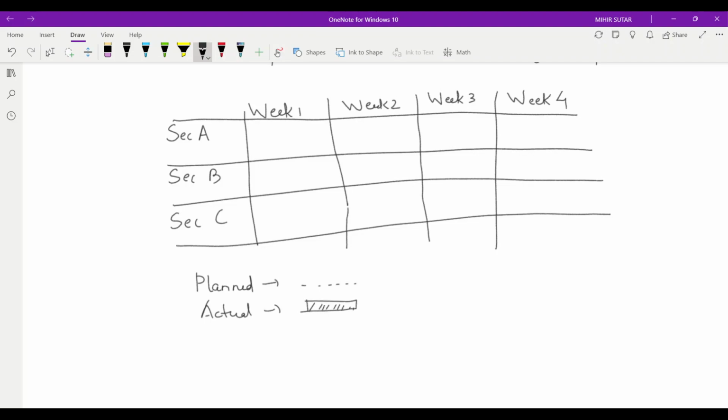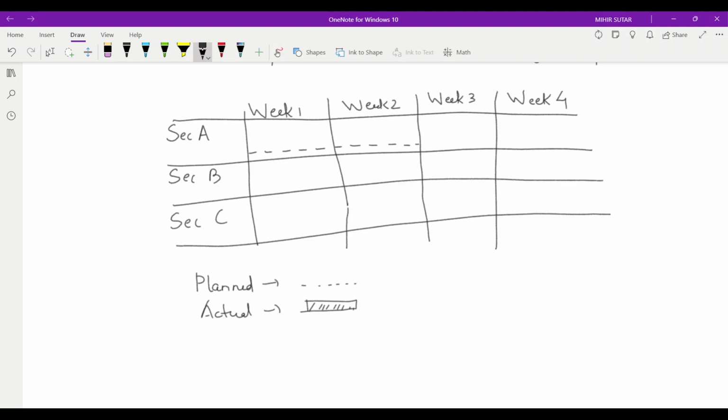So this is the symbol we use: dotted lines for planned and this way for actual. Suppose for section A we had planned that the work has to be completed by week number 2. So I am drawing the planned one. Section A, your work should be completed by week 2.